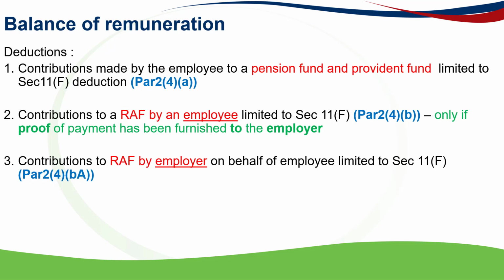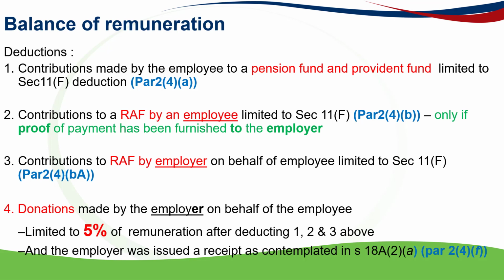If you, as a taxpayer or as an employee, make contributions to a retirement annuity fund and your employer is not aware of these contributions, then they don't know this information and they can't therefore use it in their calculations. That is why, if you do not provide proof to the employer that you have made contributions to your retirement annuity fund, your contributions will not be taken into account in your calculation of employees' tax by the employer.